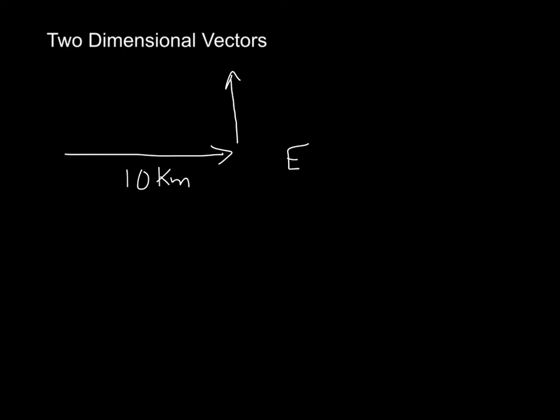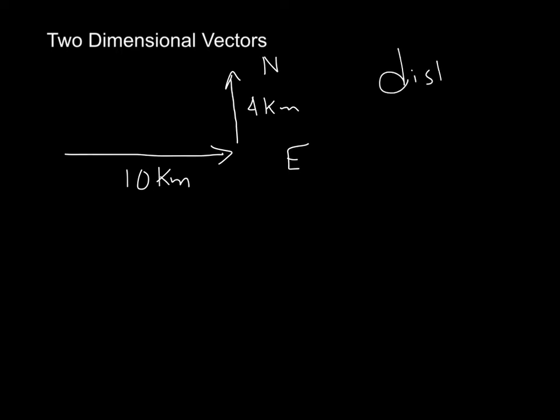You drive north and you do that for, let's say, 4 kilometers. The addition of those vectors seems pretty straightforward. If the question was how far did you drive, then it would be the sum of 10 kilometers plus 4 kilometers.